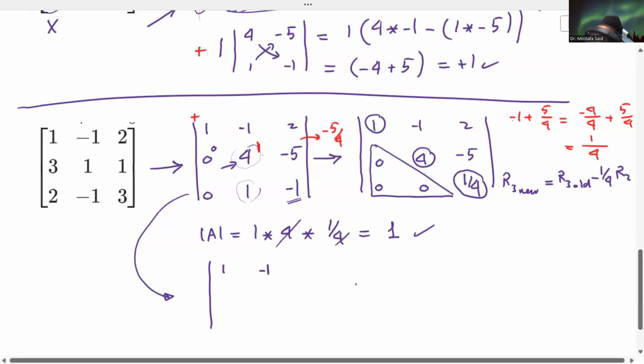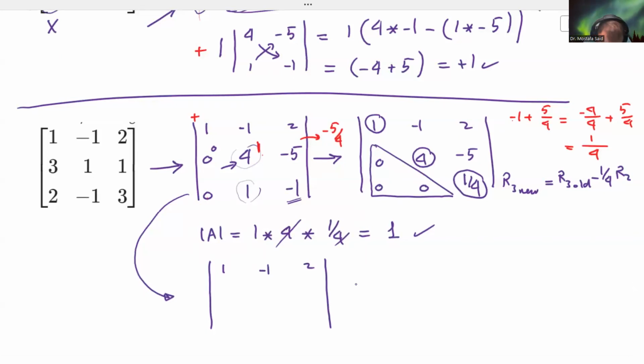The first row will be the same, and then they switch row 2 and row 3. So row 2 will be 0 1 minus 1, which was row 3 before, and row 3 will be the old row 2: 0 4 minus 5. But if you do that, you have to add a sign in front of the determinant.